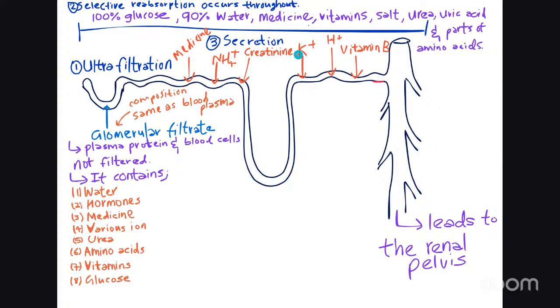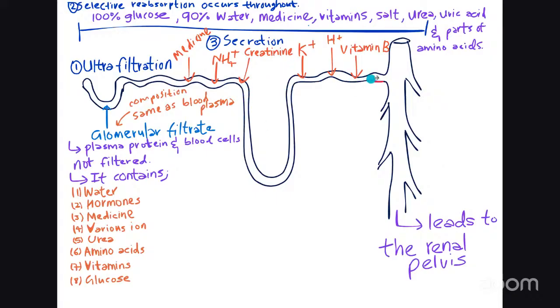So I just wrote the ions like this, so it's easy for you all to study, right? So in the paper, please don't write H plus, K plus, okay? Please write potassium ion, ammonium ion, hydrogen ion, write it properly, right? So in the secretion part, we have medicine, ammonium ion, creatinine, potassium ion, hydrogen ion, and vitamin B. Now, secretion is happening.